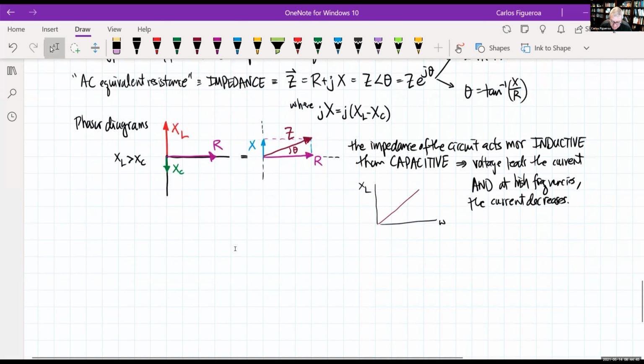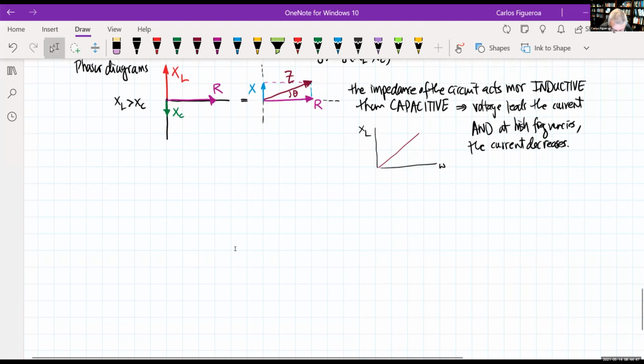So if I look at the other situation, let's say that it's the opposite way. I have a longer reactance for the capacitor and a smaller reactance for the inductor, where the resistor looks like that.